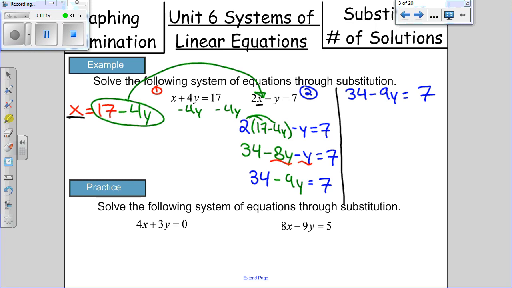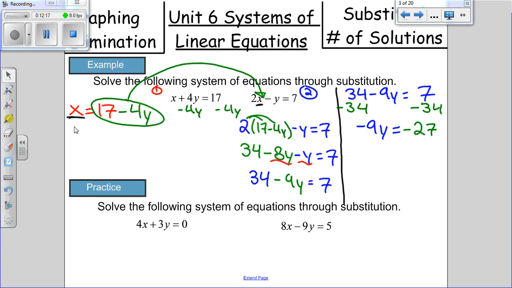I need to subtract 34 from both sides. That'll give me negative 9y equals negative 26. See, I did something, I rewrite it all out. Notice that I write out the equal sign every single time. I write out the full equation, I don't cut corners.